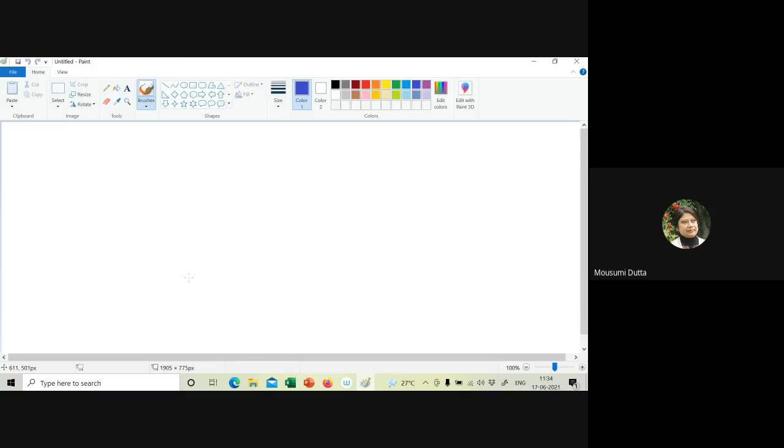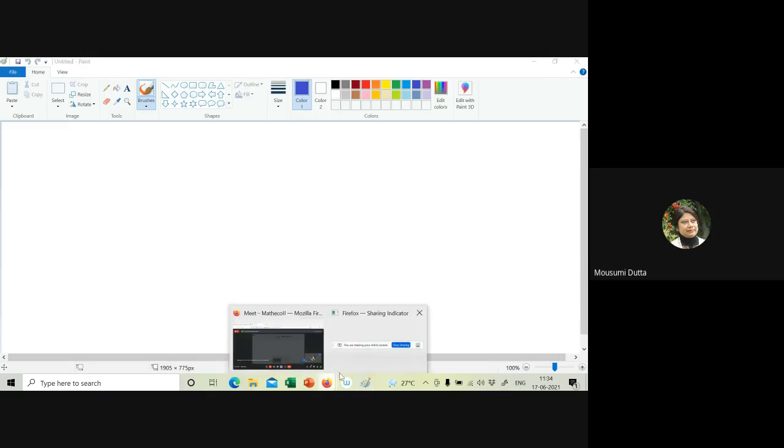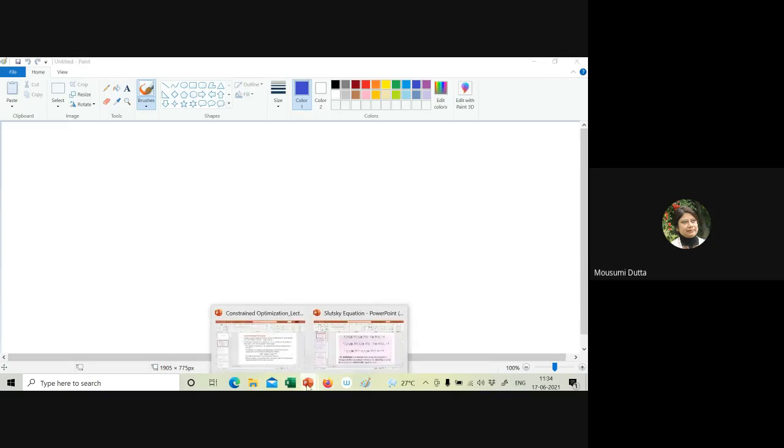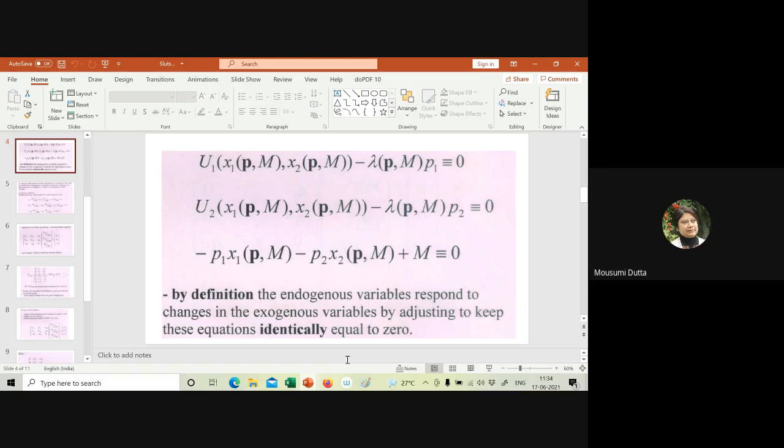Both U1 and U2 are functions of P1 and P2. Lambda is also function of P1 and P2. So these are the first order conditions. You have to take derivative of these first order conditions with respect to P1.